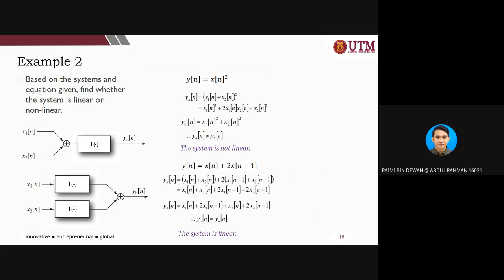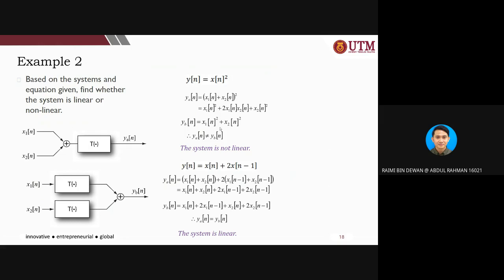For the series, you put your x1[n] plus x2[n], squared. Don't forget the square because we follow the square here. Then when we expand, you have this. Next you test with y_b. y_b is y[n] equals x[n] squared, meaning x1[n] squared plus x2[n] squared.